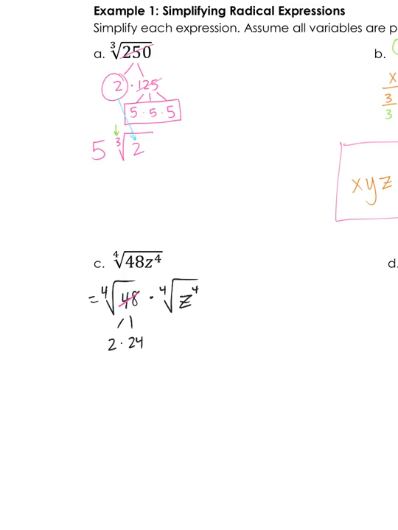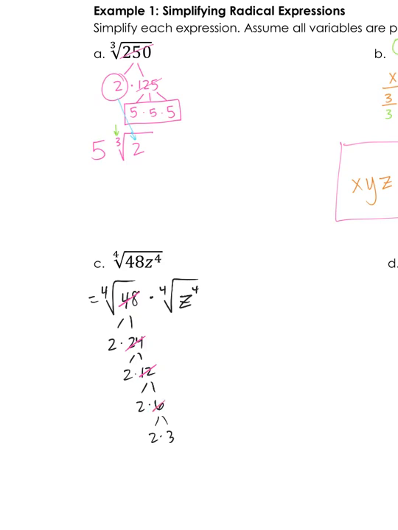So now that 48 is gone. 2 is prime, so I'm going to leave that, but 24 I can keep breaking down to 2 times 12. Again, I've got a 2 that's prime. I'm going to keep breaking down 12 to 2 times 6. And then I'm going to break down 6 to 2 times 3.